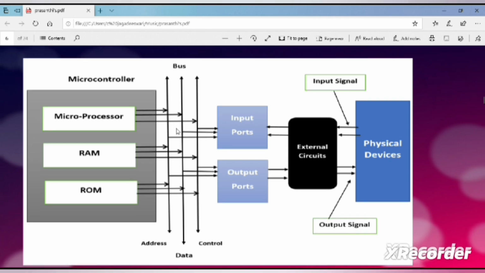The system bus carries address, data, and control signals, and is comprised of three types of buses: the address bus, the data bus, and the control bus. A microcontroller is a control device which incorporates a microprocessor. A typical microcontroller includes a processor, memory, input and output, and peripheral devices on a single chip.